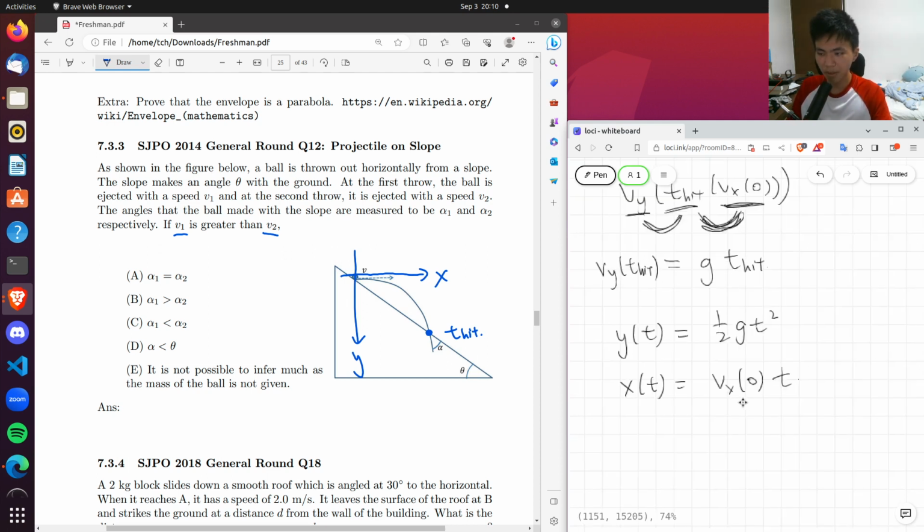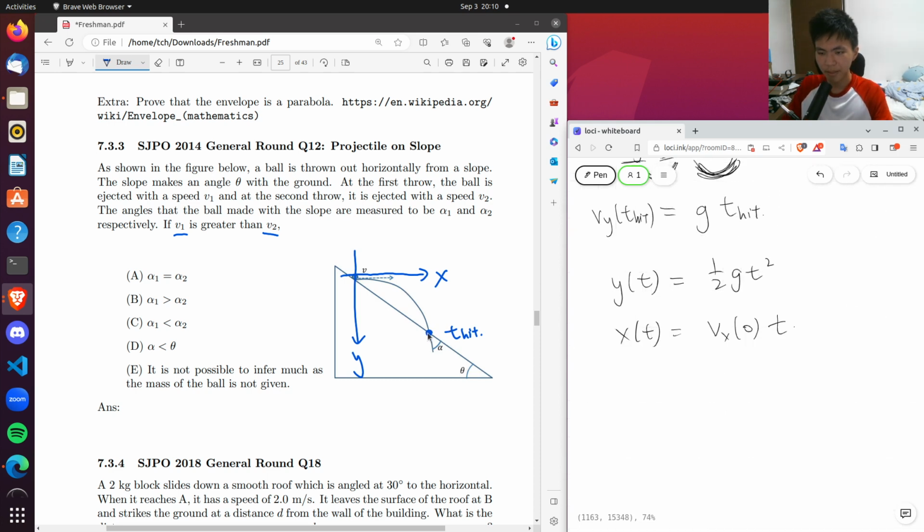And at the very moment that the ball hits the slope, the coordinates of the ball are y of t hit and x of t hit. Specifically, the ratio of the y coordinate and the x coordinate is tangent theta.